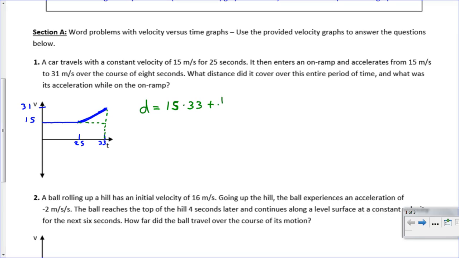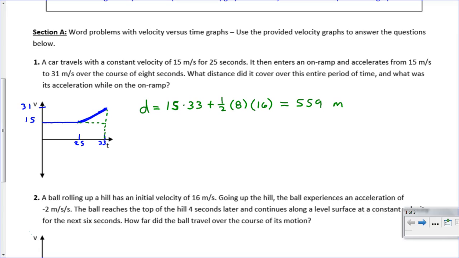So it's 1/2 times 8 seconds, and that was because we were going from 25 to 33, times 16 because we were going from 15 meters per second up to 31. All right. And you add those together, and you should get 559 meters per second. I'm sorry, that's just meters, because it's a distance.